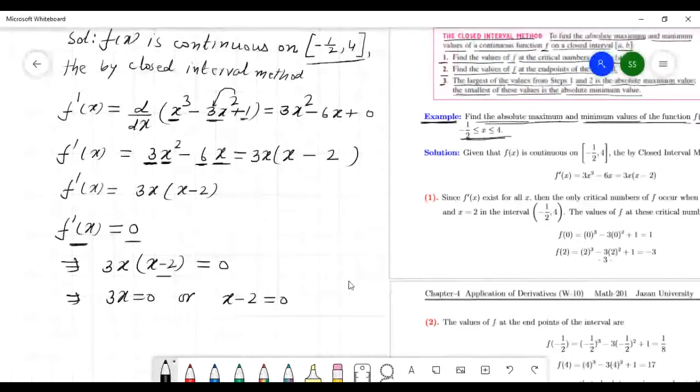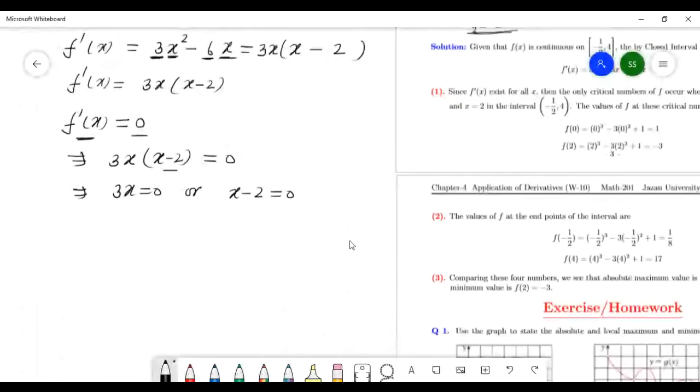From 3x equal to 0, dividing by 3, x is 0 divided by 3, which is 0. And from x minus 2 equal to 0, x equal to 2. So there are two numbers, x equal to 0 and x equal to 2.